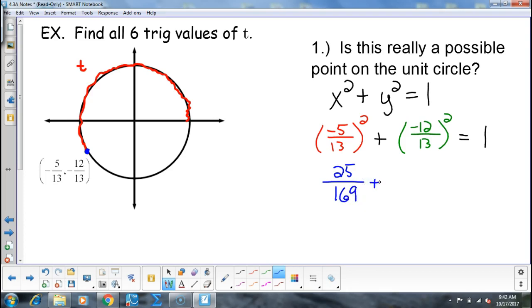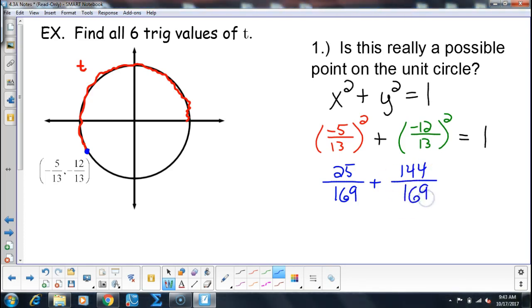Negative 12/13 squared is 144 over 169. 25/169ths plus 144/169ths is 169 over 169, which is 1.